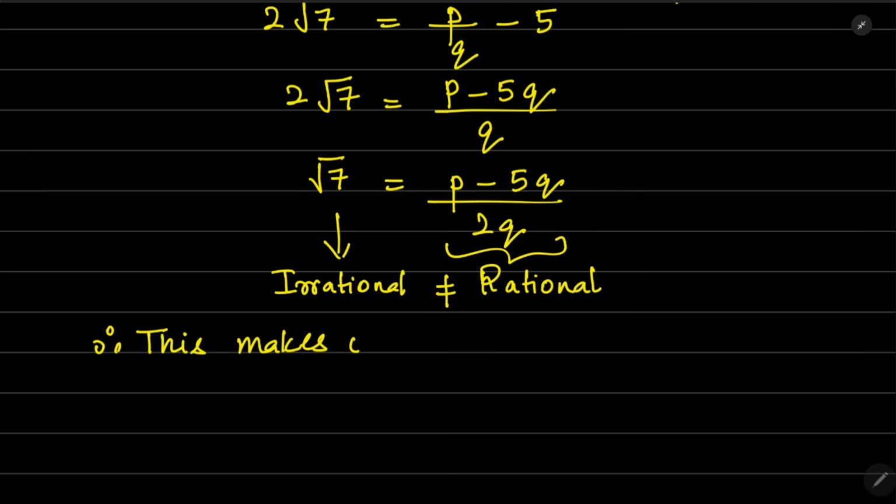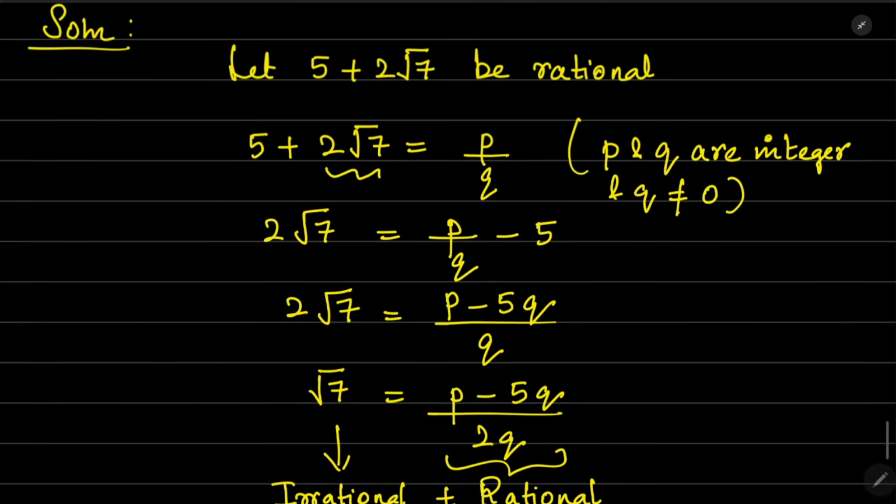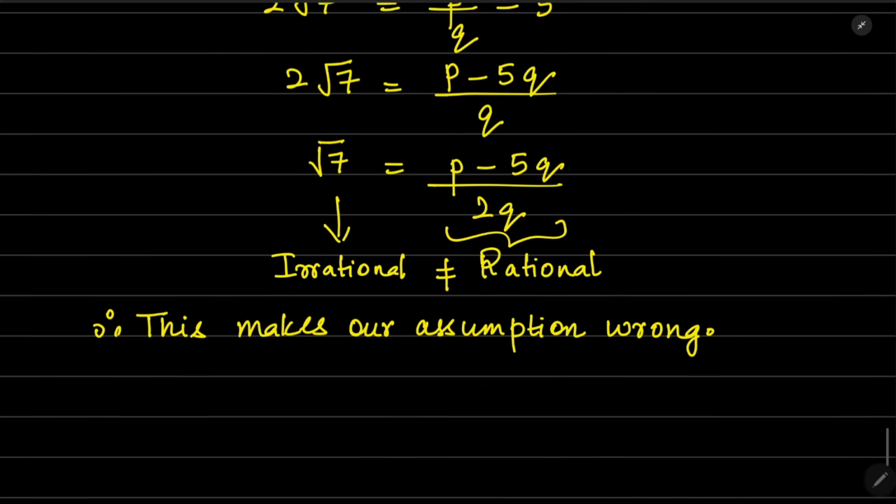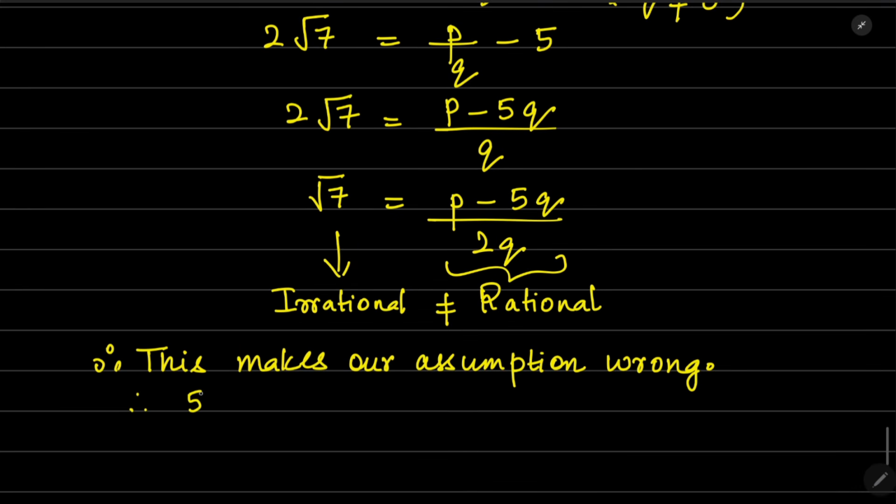What we had assumed initially, that is 5 plus 2 root 7, therefore, 5 plus 2 root 7 is an irrational number, hence proved.